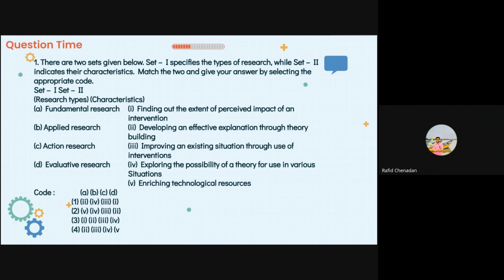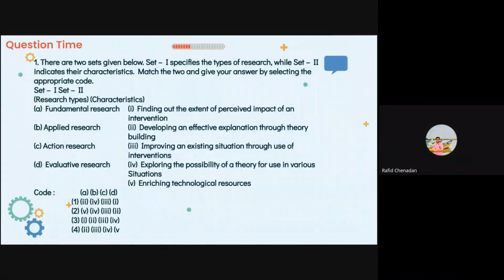The descriptions are: finding out the extent of perceived impact of an intervention, developing an effective explanation through theory building, improving an existing situation through use of interventions, exploring the possibility of a theory for use in various situations, enriching technological resources. So please give your answers.